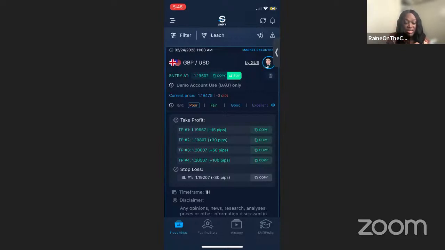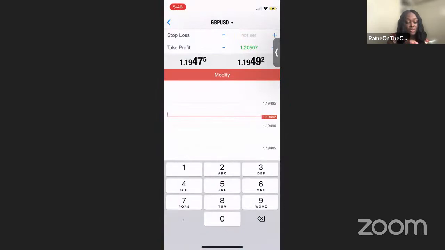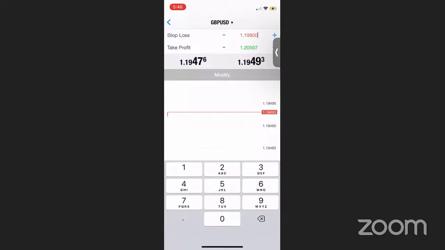So we can put it at 1.19800. Does that make sense to you? So you put it just above one of the take profits when you're doing that? Because we're pretending that it's at take profit 4.